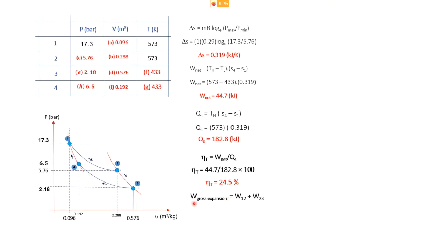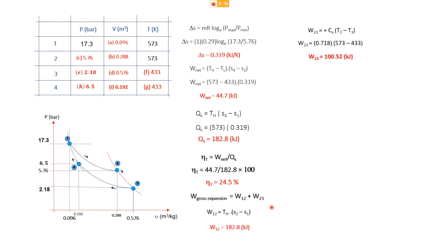And you can find out the gross work expansion. Work 1 to 2 is isothermal. Work 1 to 2 should be equal to heat 1 to 2 because it's isothermal. During an isothermal process, remember, the change of internal energy will be 0. Therefore, work is equal to heat. So you can consider work to be equal to the heat here, 1 to 2.